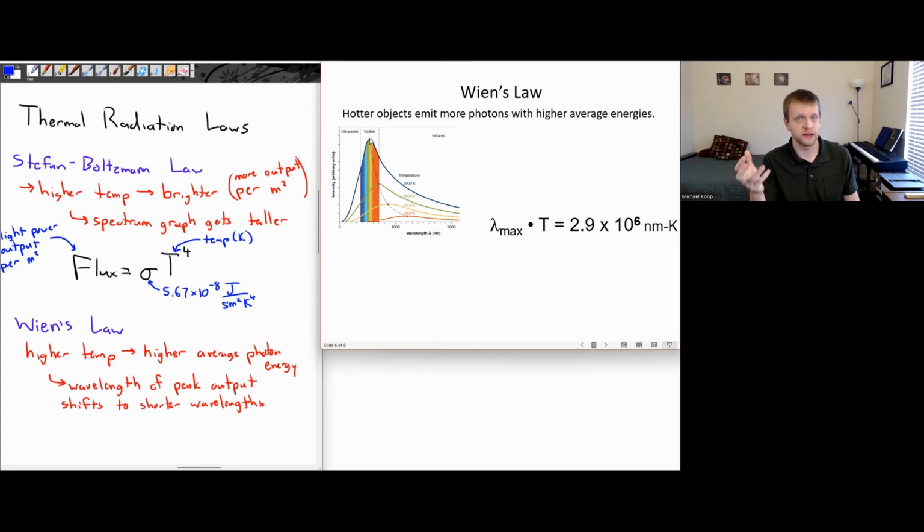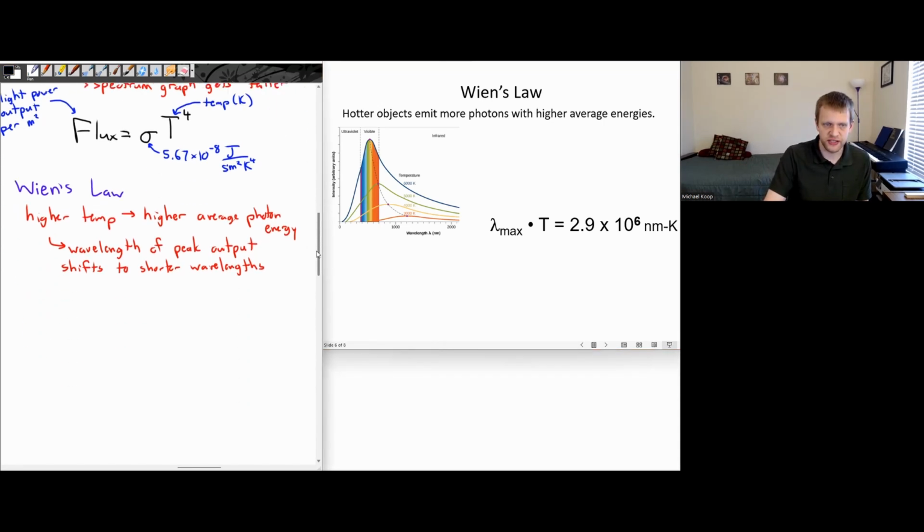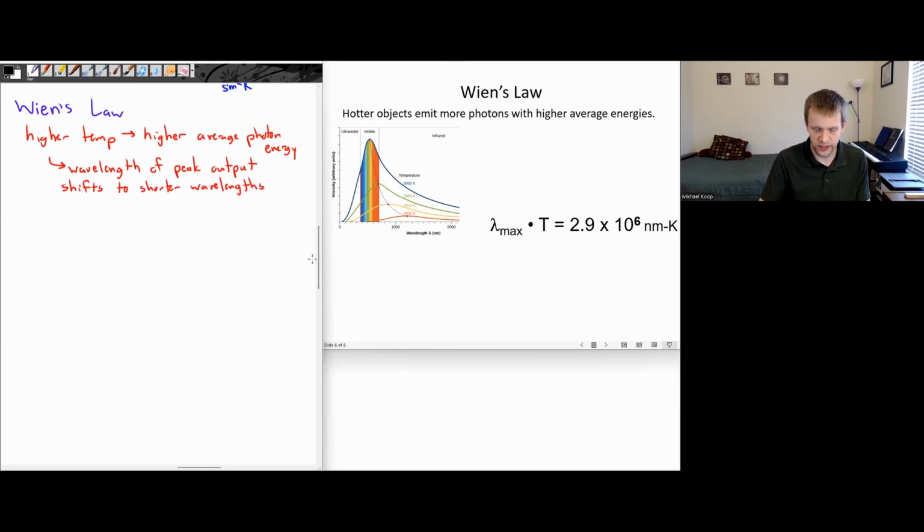Remember, shorter wavelength light corresponds to a higher energy per photon. And specifically, the equation that describes this is the following. The wavelength of maximum emission times the temperature of the object always gives us this value, 2.9 times 10 to the 6, and the units for this, we have to be careful, are nanometers times Kelvin.